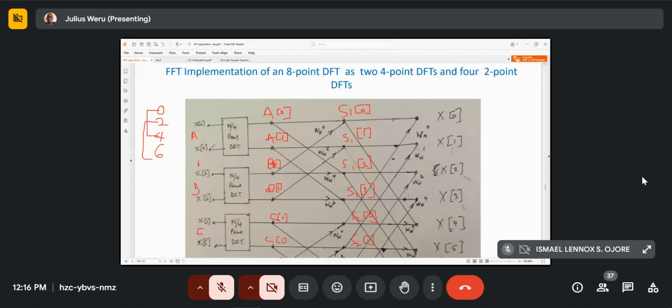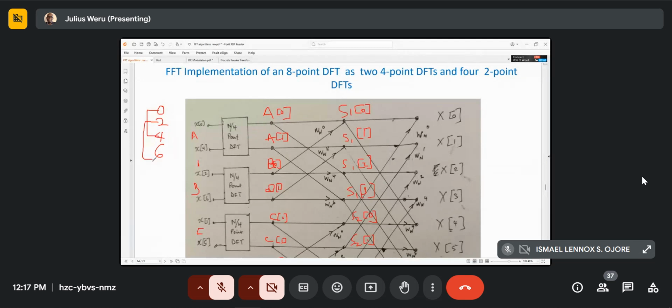That's why you have 0, 4 and 2, 6. At this stage, that's the even and odd. So 0, 2, 4, 6 for this part was even. But here now you are dividing again into even and odd. So you can see why you have 0, 4 and 2, 6.